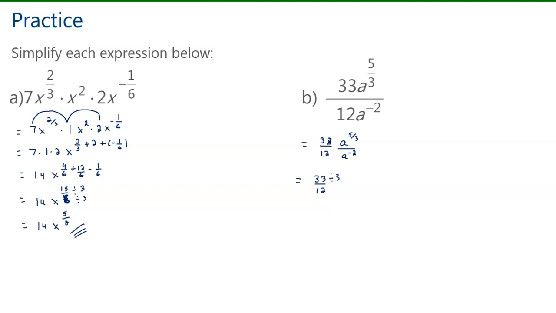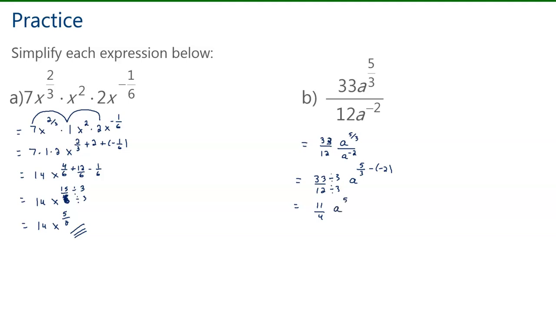So I'm going to divide by 3 and divide the 12 by 3. And of course, it's division for the exponents. That's my quotient of powers rule. So that's a to the 5 over 3, subtract the negative 2. 33 divided by 3 is 11. 12 divided by 3 is 4. So that's my coefficient, 11 over 4.